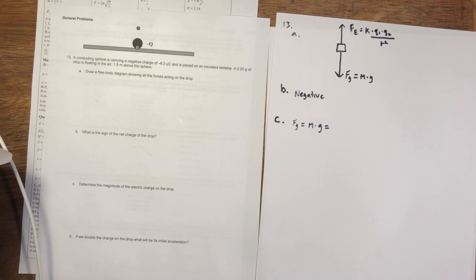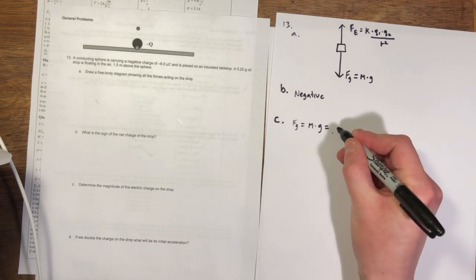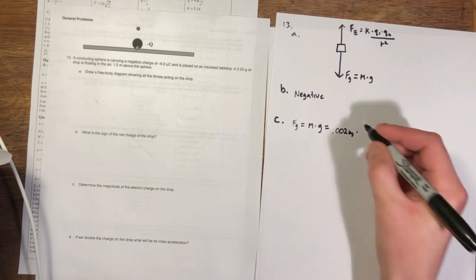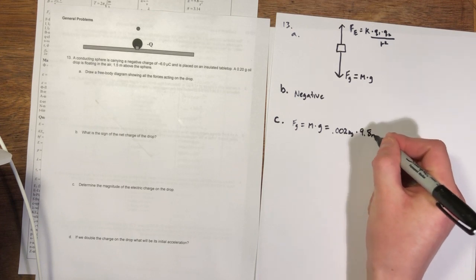So let me just see. 0.2 grams to kilograms. Yeah, that is 0.002 kg, times 9.8 meters a second squared.